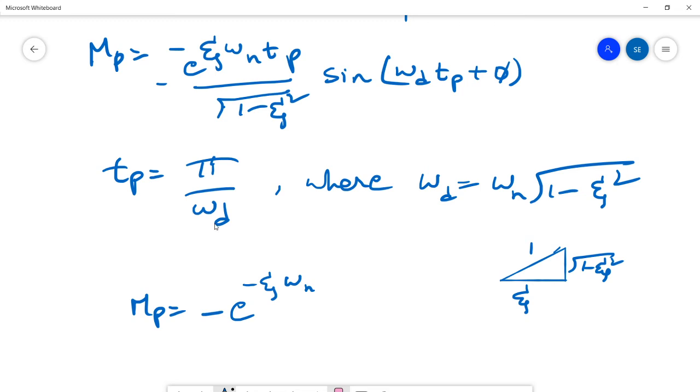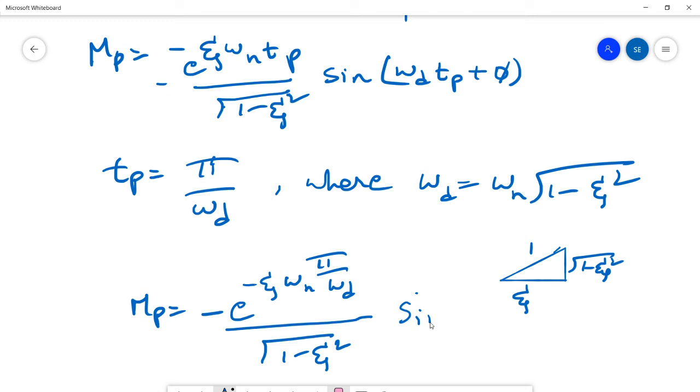Substitute Tp here. Tp we can substitute as pi by omega d, divided by root of 1 minus zeta square into sine omega d, and substitute omega d as omega n root of 1 minus zeta square.